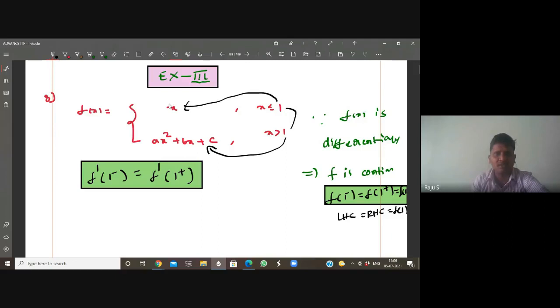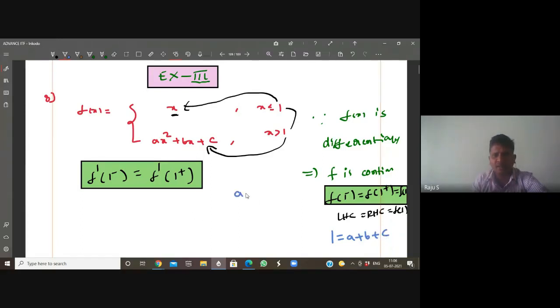When I substitute 1 in place of x, that is nothing but f of 1 minus. First I'm taking the continuity concept. So 1 is equal to, when I substitute x value 1 here, a into 1 square, a plus b plus c is equal to 1.